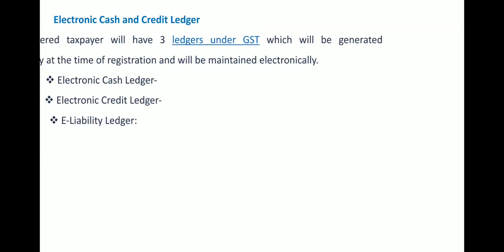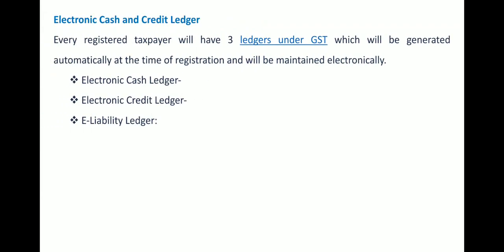So these are the records to be maintained. And then the electronic cash and credit ledger is to be maintained along with those books of accounts and records. I already explained what that is. This is to be maintained for payment of the GST.